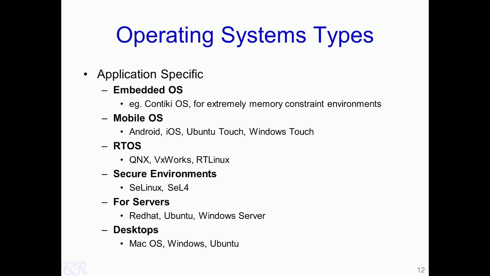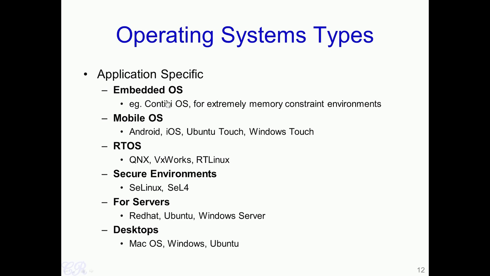Operating systems are ubiquitous. Almost every smart device that we use today has some form of operating system present in it. This slide shows the various classifications of operating systems depending on the type of application they are intended for. Needless to say, each of these operating systems is designed keeping the application in mind.